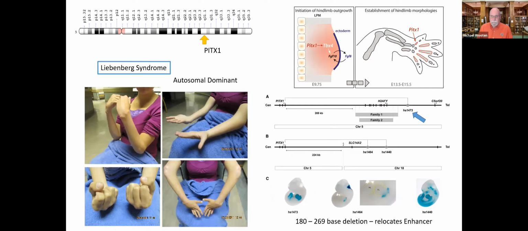It's a transcription factor. It's also autosomal dominant if you have a mutation in the form. And so what you see from this form is that the growth of the hind limbs can be impacted by not having the expression of these or by having overexpression of these.